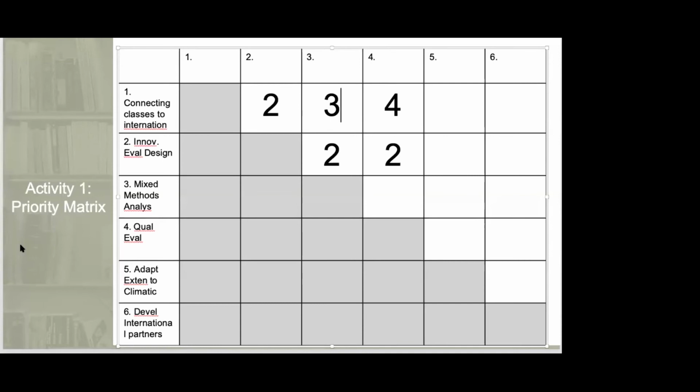So that was the priority matrix. Again, this would be done in local language and can be done with very few resources in the field. Are there any thoughts or questions on this particular tool?